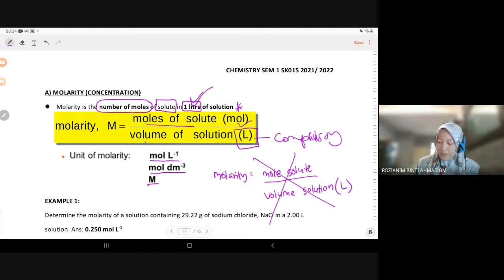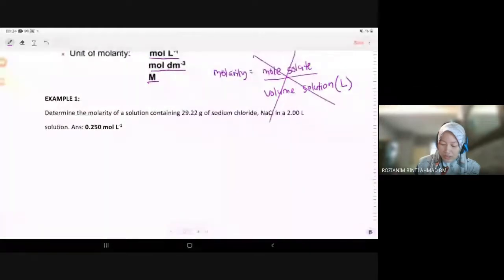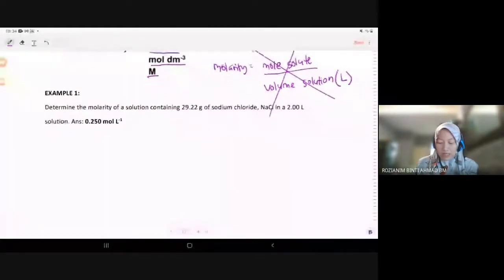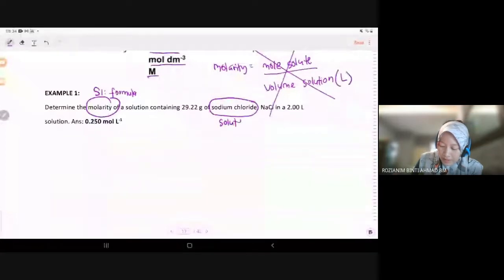Okay. So calculation we discuss in tutorial session. Cuma saya go through sekejap macam mana nak relatekan molarity dalam example 1. Pertama, step 1, ingat formula molarity. Okay. Step 2, okay, identify who is your solute. Sodium chloride. Kena bezakan solute, solvent, solution. Okay.